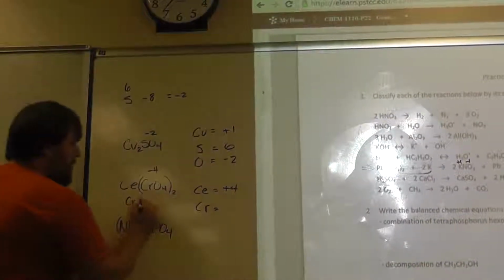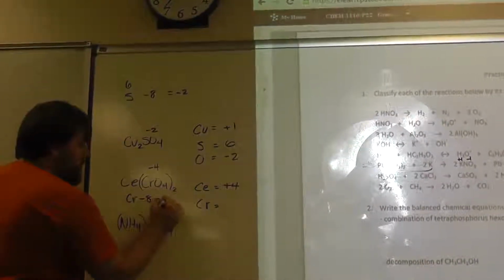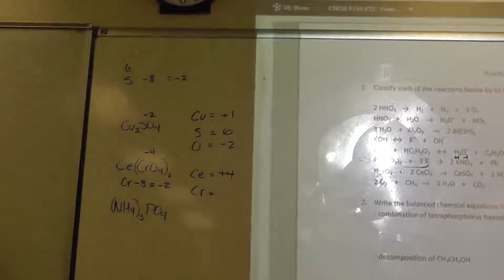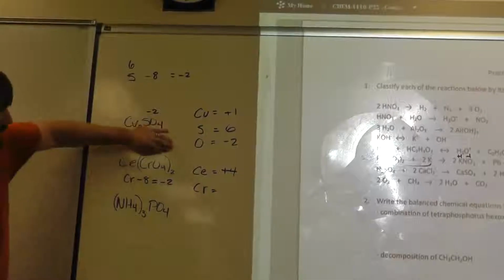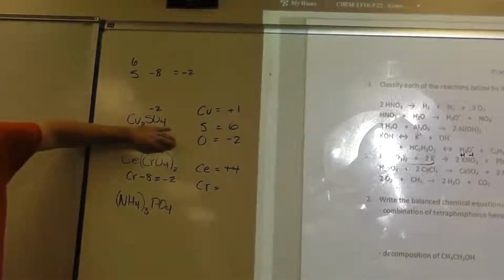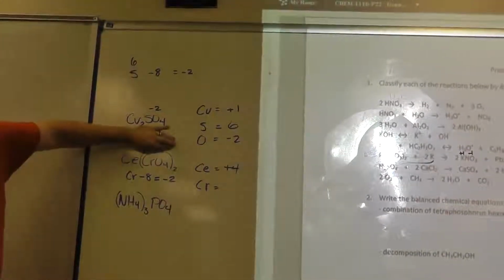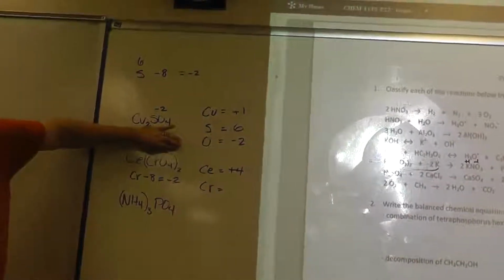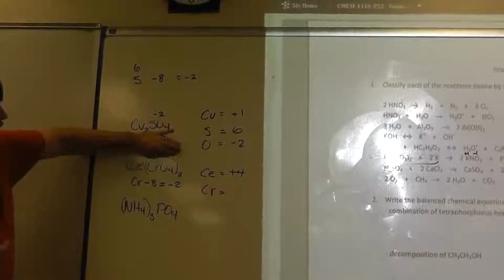So chromate minus 8 for the charge from the oxygen has to equal -2. Why does it have to be -2? Because it's just the charge on one chromate. What's the charge on just one chromate? No, the whole polyatomic. -2.